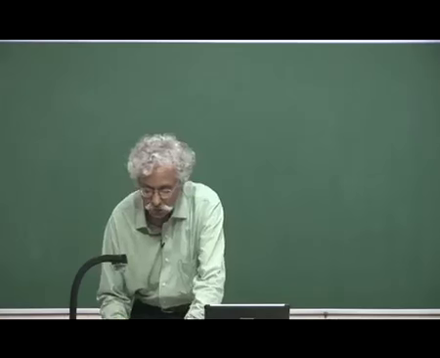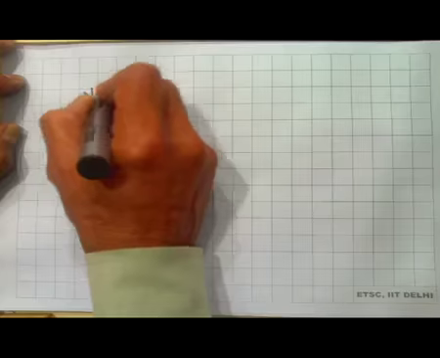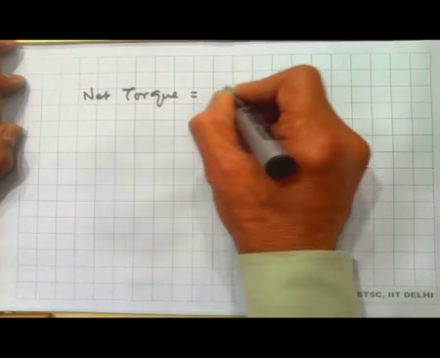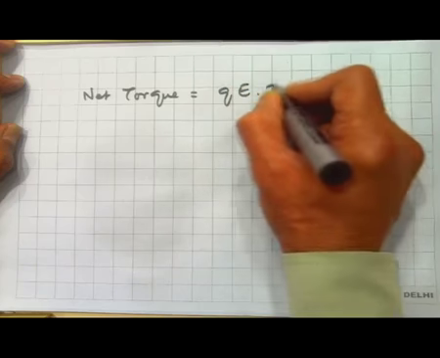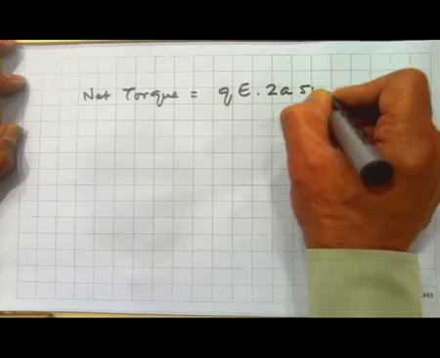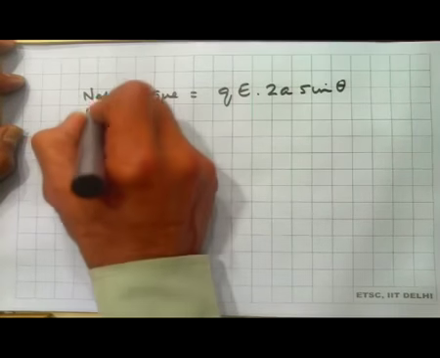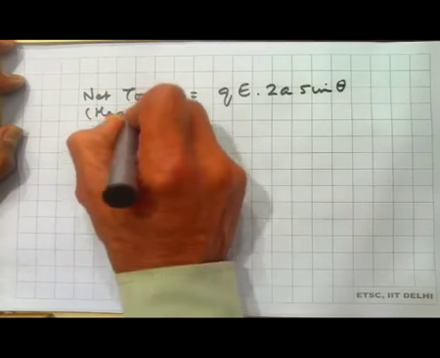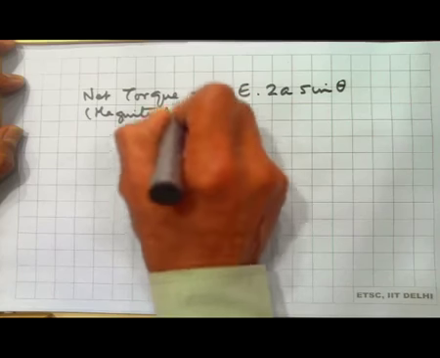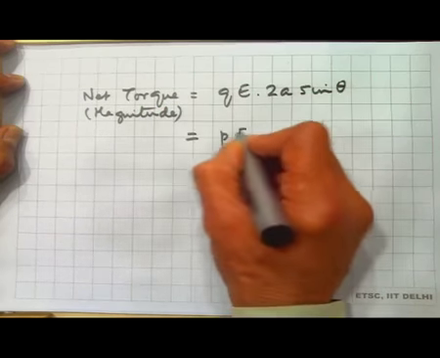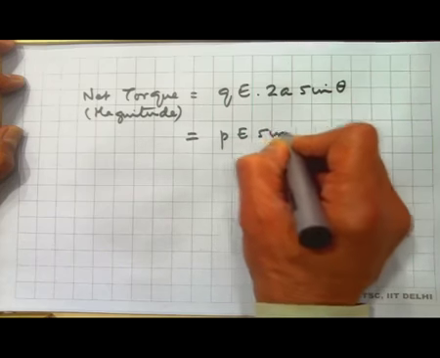So, the net torque, let me calculate, is the force qE multiplied by 2a sin theta, the magnitude of the net torque. Now, q into 2a is the dipole moment. So, pE sin theta.